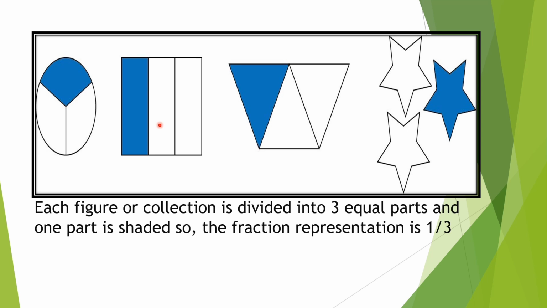And how will you write it? One-third. Here also out of the 3 stars, 1 star is shaded. So 1 out of 3, 1/3. Fractional representation is 1/3. Okay, are we good till here?